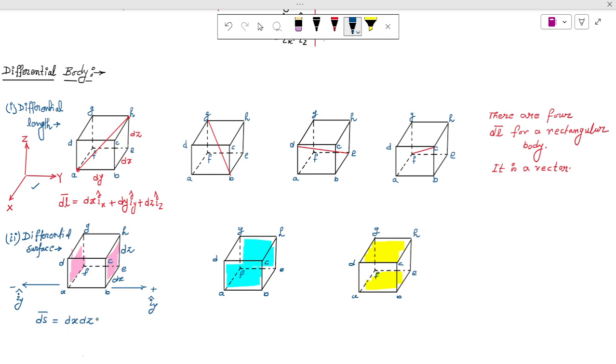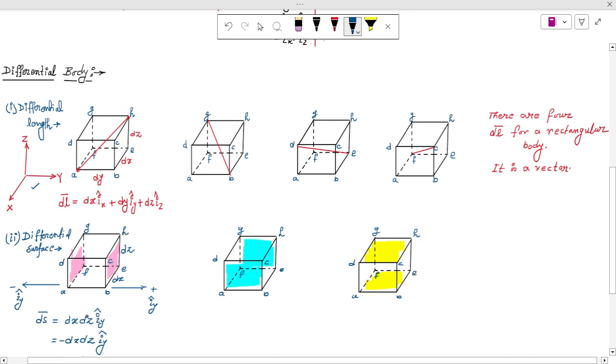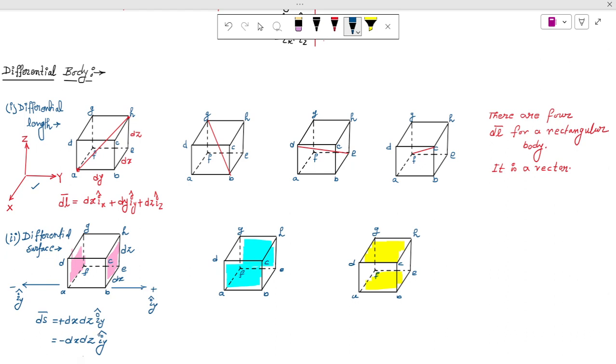It will be iy, right? Or you can write minus dx dz iy, right? So two surfaces. One is positive, another is negative.